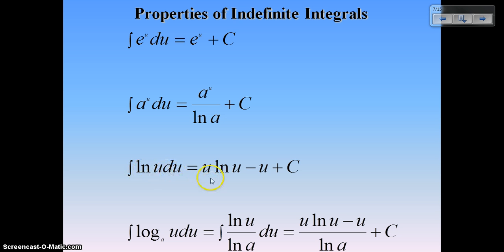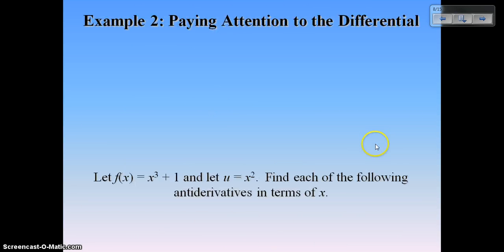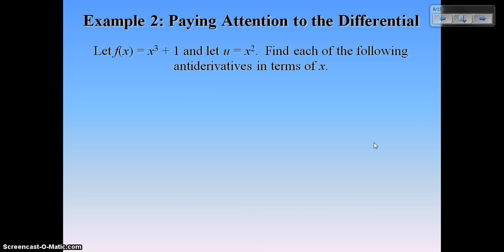The integral of natural log u is u natural log u minus u plus c. And the integral of log base a of u, you see here, is u natural log u minus u all over natural log a. Keep those formulas handy, they will be helpful.